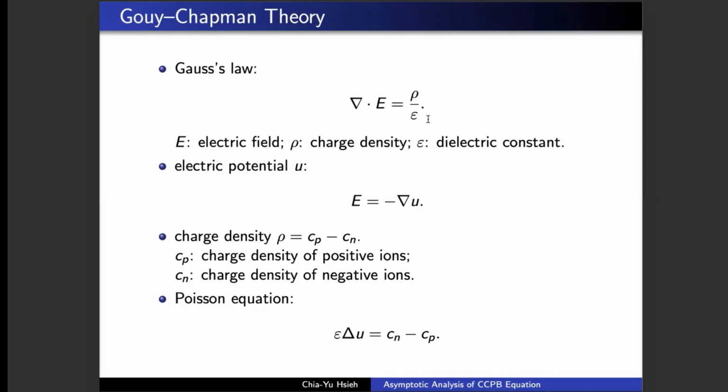On the other hand, the charge density rho is nothing but the charge density of the positive ions minus the charge density of negative ions. So we can combine these three identities together to get this Poisson equation, which states the relation between the electric potential and the charge density.